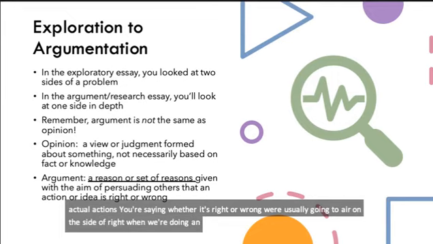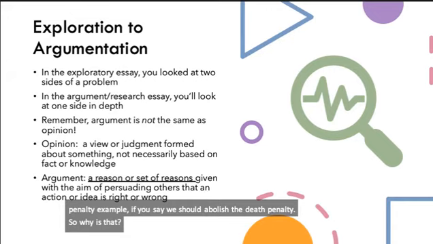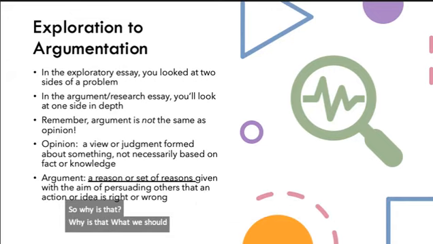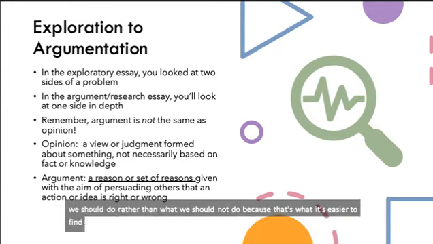So again, going back to that death penalty example, if you say, we should abolish the death penalty, why is that what we should do, right? It's always easier to argue from what we should do rather than what we should not do, because that's what it's easier to find evidence for. And then you're also not in the negative the whole time.